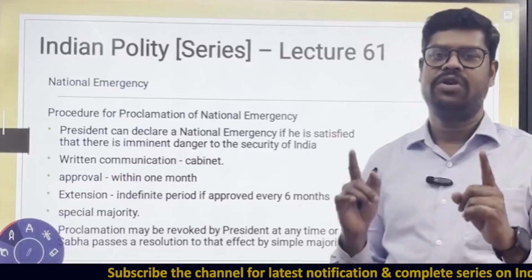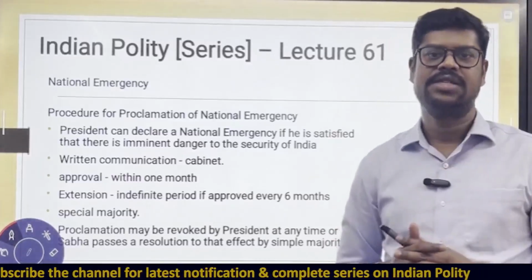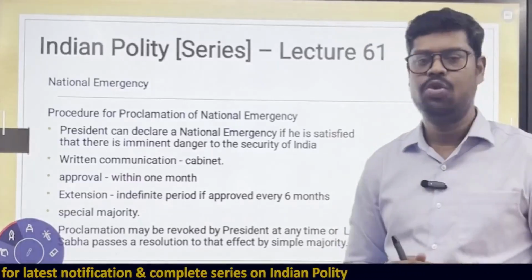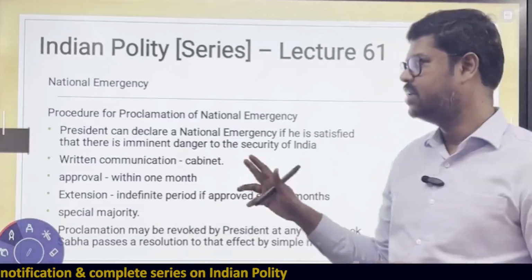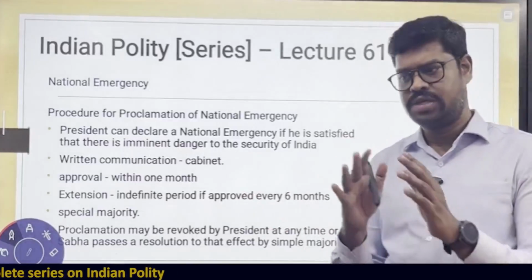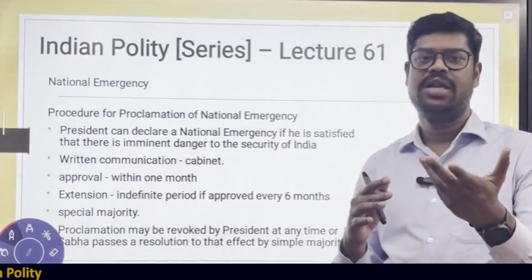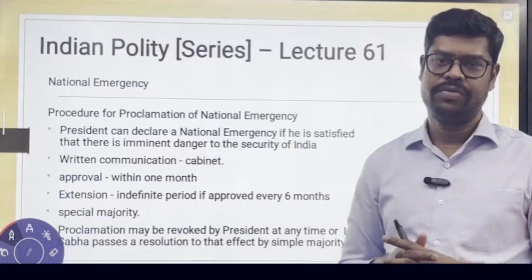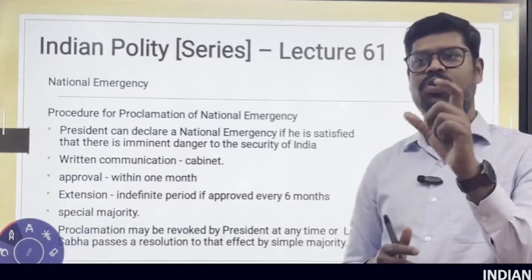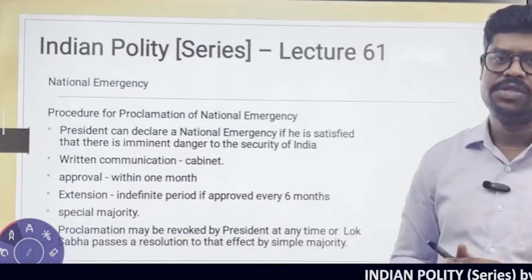But the topic of national emergency is not yet over. One important thing that I will discuss in the next lecture is what are the consequences of national emergency. But in this lecture, you would have got a broader idea: what are the emergency provisions, what is the rationale why the constitution goes for a transformation when there are emergencies, and then specifically what is the historical background behind the national emergency, especially the third national emergency.